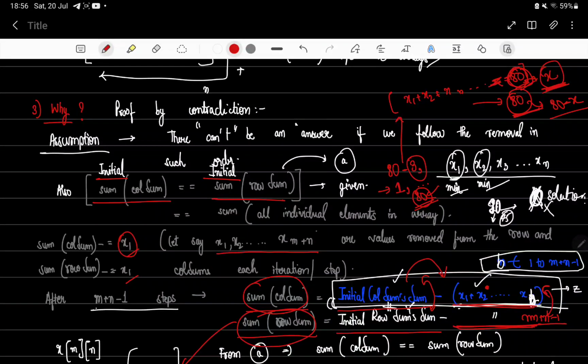if we are just ensuring that it is 80, that is the main crux of the problem, that we will have an answer for sure. So if 80 is there, then we are equally distributing that total sum of 80 properly in those m cross n matrices.